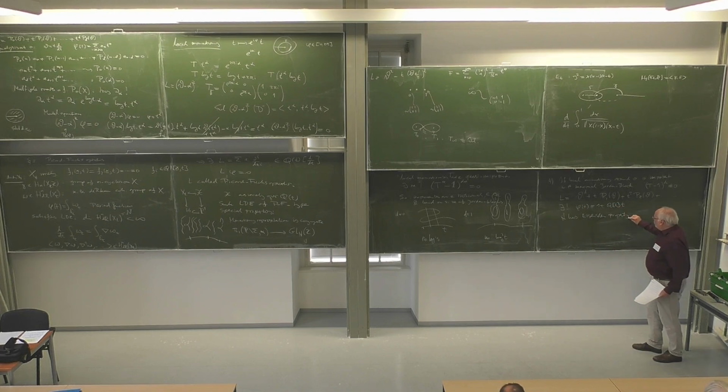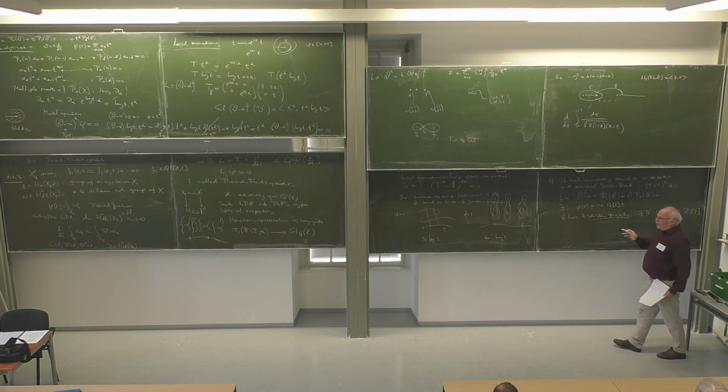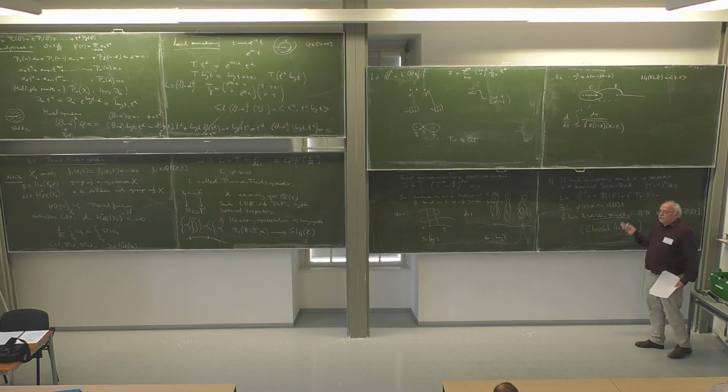So the Eisenstein property means that there exists an n such that phi n t is a power series with integral coefficients. But this is the theorem I want to focus on and explain a bit why it is true.